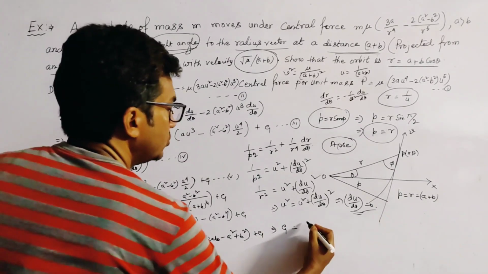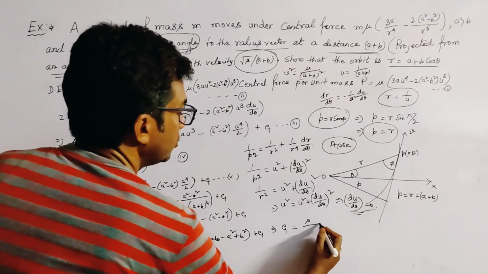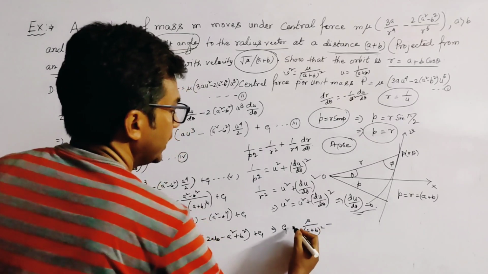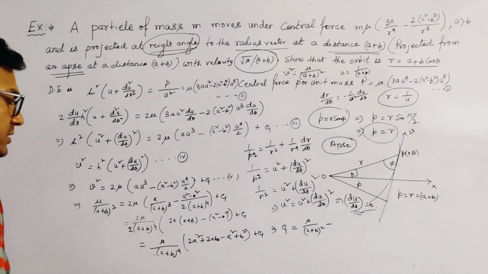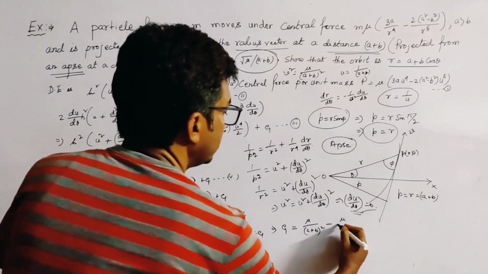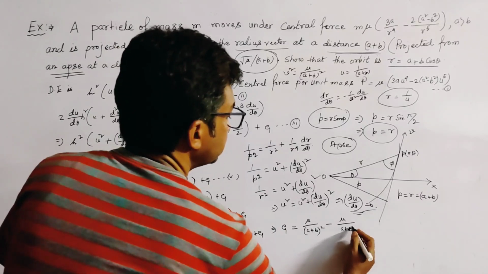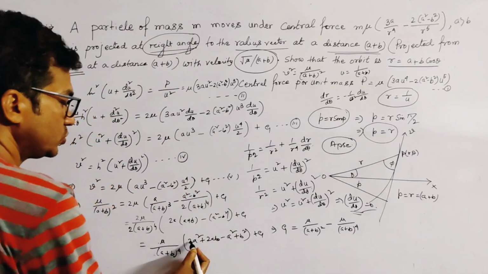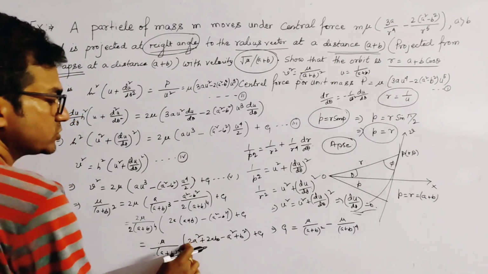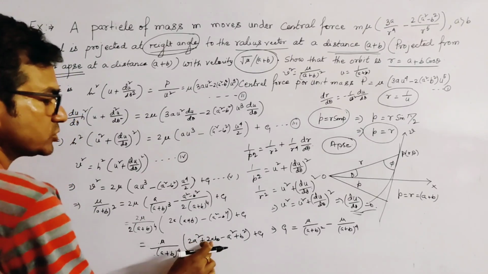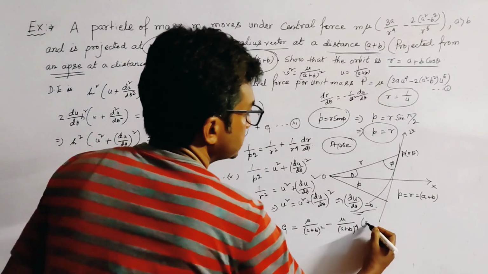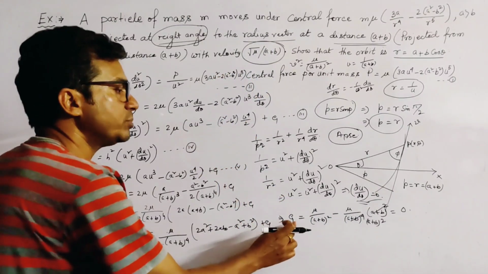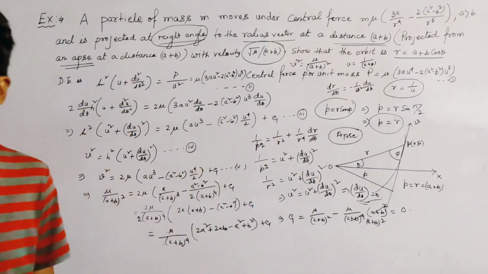This is equal to, the left side is mu by a plus b whole square, and the right side becomes minus mu by a plus b whole to the power 4 into 2a square minus a square, this is a square plus 2ab plus b square. So this is a plus b whole square. Clearly the value of c1 is equal to 0.